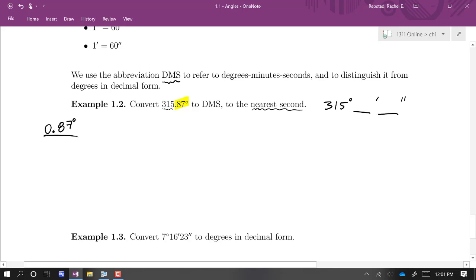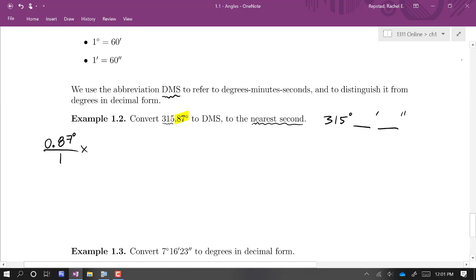0.87 degrees. I'm going to use that dimensional analysis that we used when we were converting between degrees and radians before. So 1 degree is 60 minutes. I'm going to put the degrees on the bottom. So the degrees cancel here.